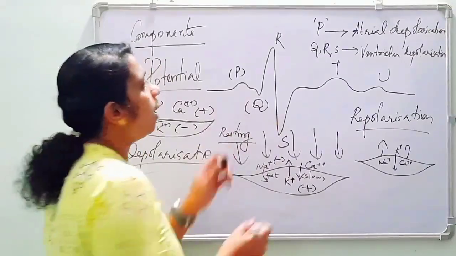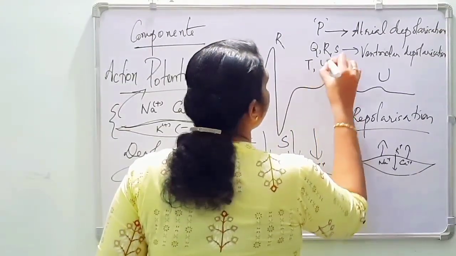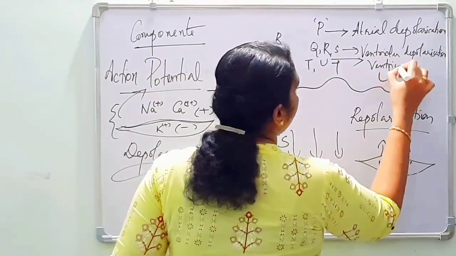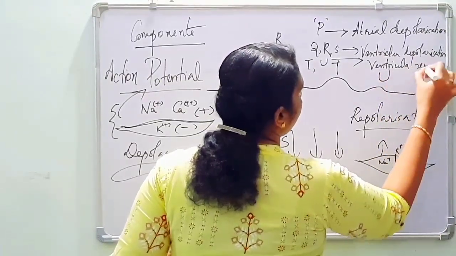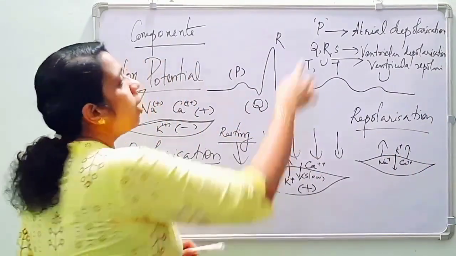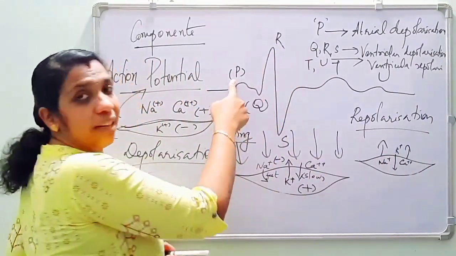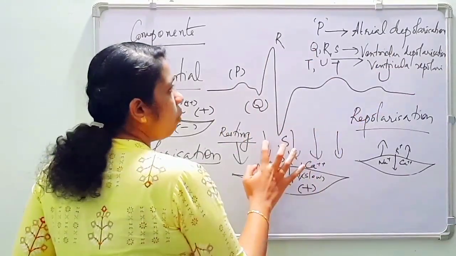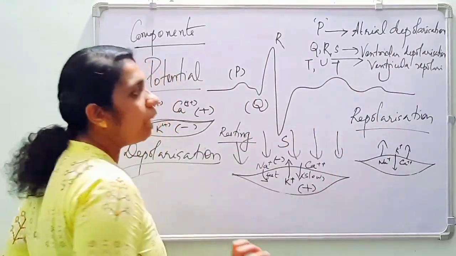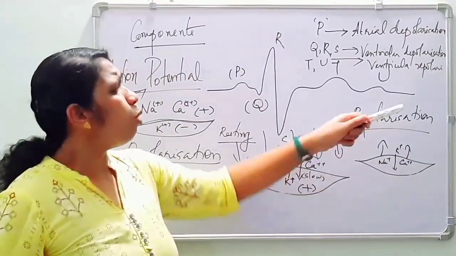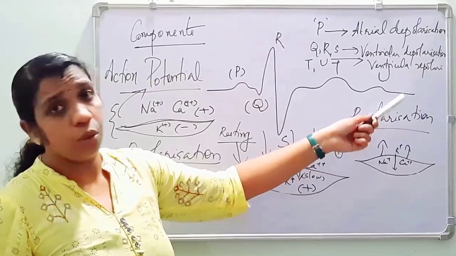You understand? Then T and U waves are produced during ventricular repolarization. So the P wave is produced during atrial depolarization, QRS during ventricular depolarization, T and U during ventricular repolarization. You understand?